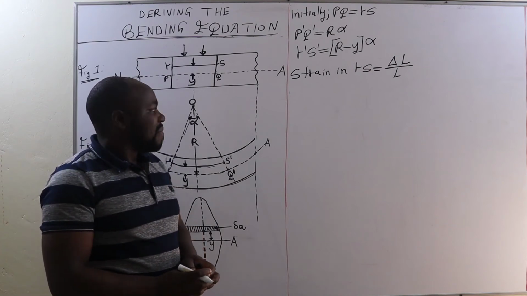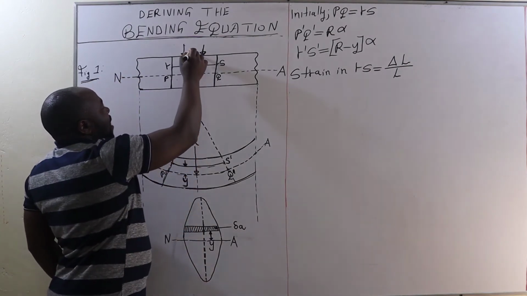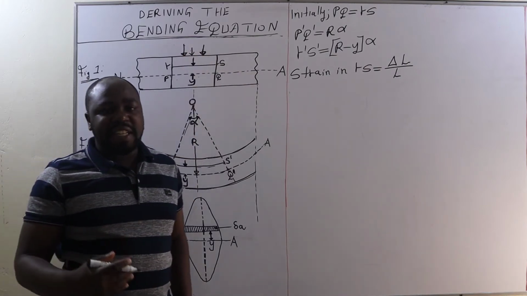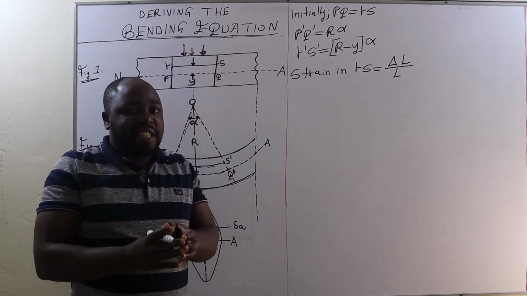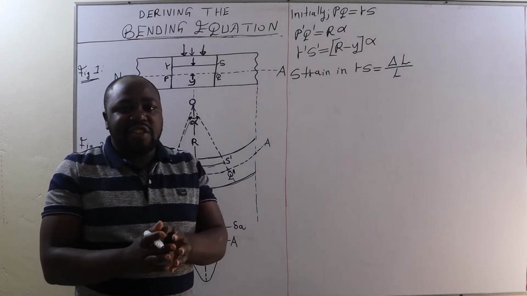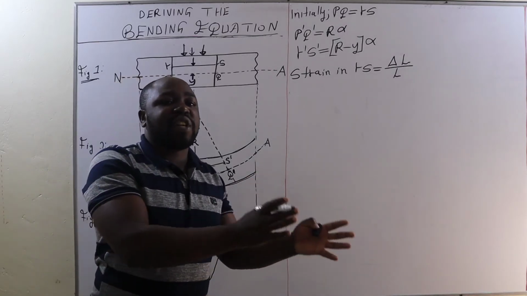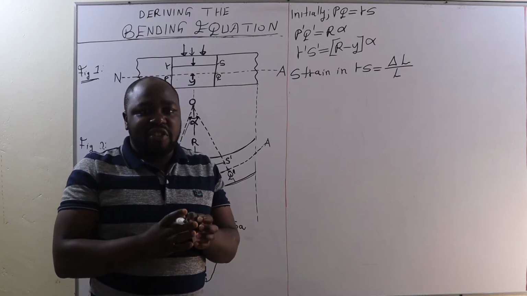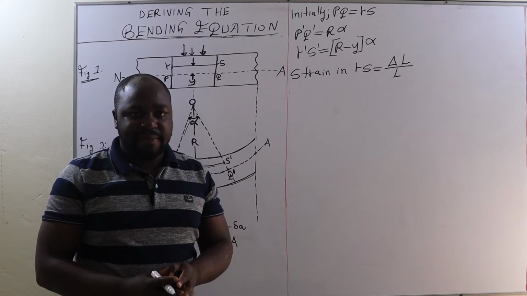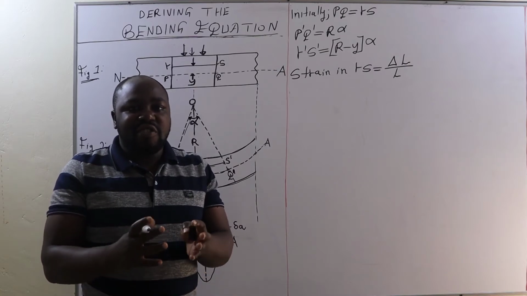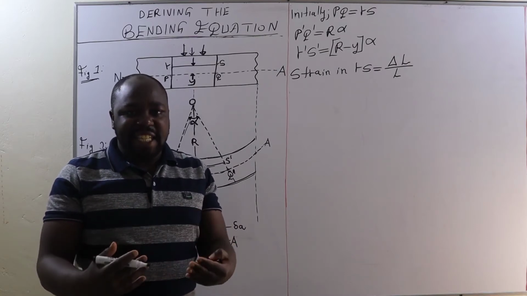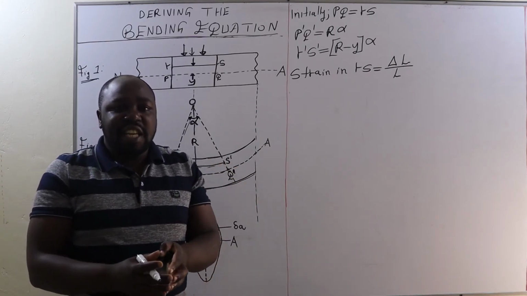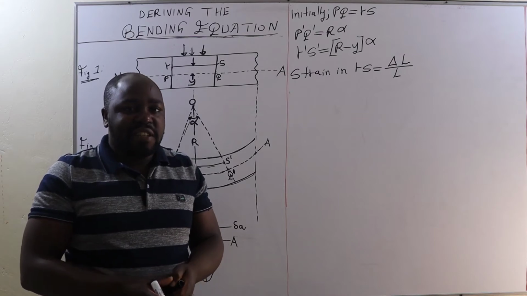The reason being, the upper section of the beam will be subjected to compressive stress, and stress usually results in strain. Strain is the deformation that is caused by stress, and that deformation usually results in change in the dimensions of the body that is subjected to stress.